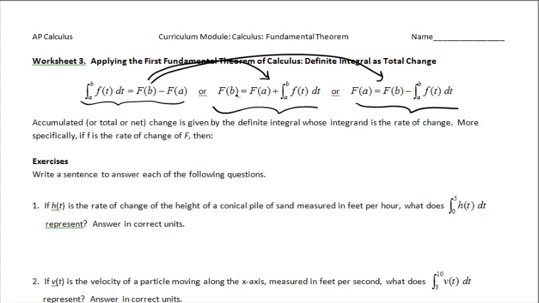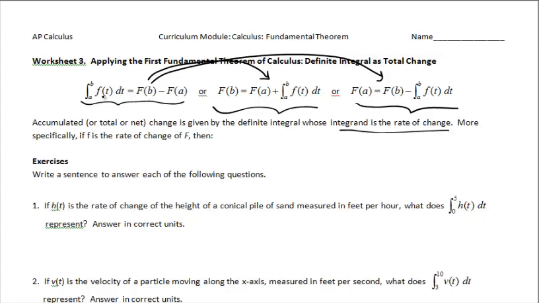And sometimes we're going to be wanting to find a y value on the original graph given a y value on the original graph also. And we'll be able to use these alternate forms to find either f of b or f of a. So our accumulated change is given by the definite integral, whose integrand is the rate of change. And all this means is you're integrating a rate.